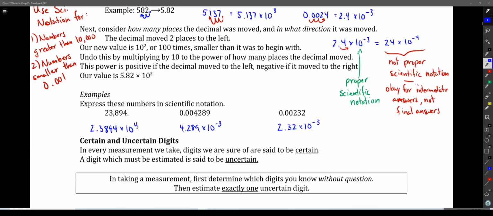It's a positive number. In this case, question? We have 4.289 times 10 to the minus 3. The decimal had to be moved 3 to the right. And then the same thing was true here. Decimal had to be moved 3 places to the right.